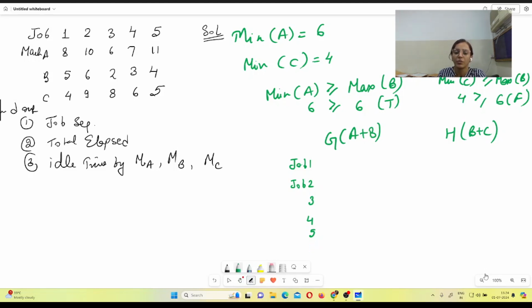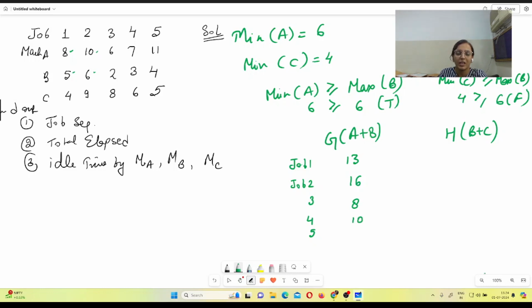Now for G, you have to sum A and B. For job 1, A and B is 8 and 5, which will be 13. You can write 8 plus 5, or directly write 13. For job 2, A and B is 10 and 6, that is 16. Then 6 plus 2 will be 8, and 7 and 3 will be 10.